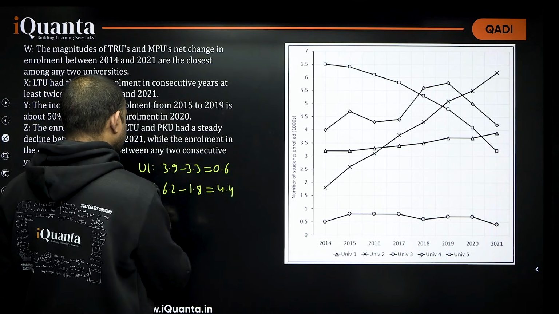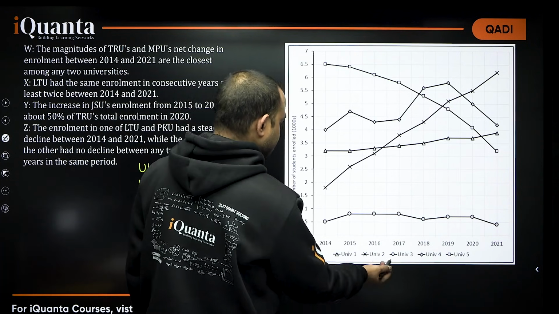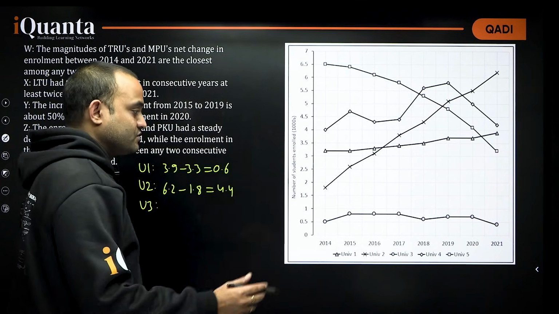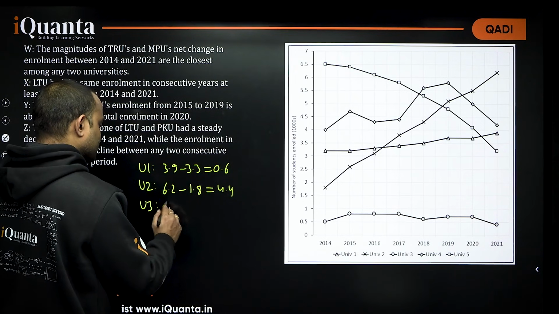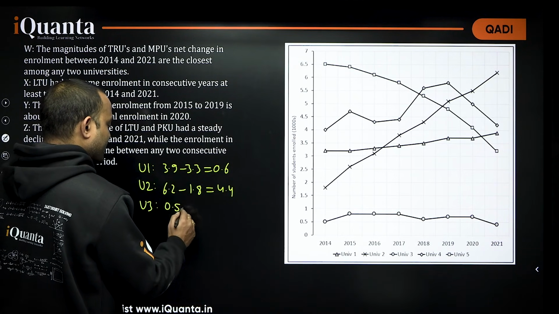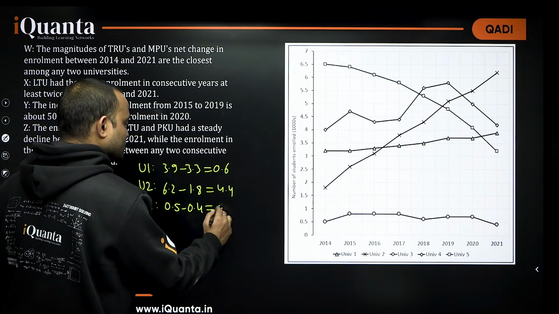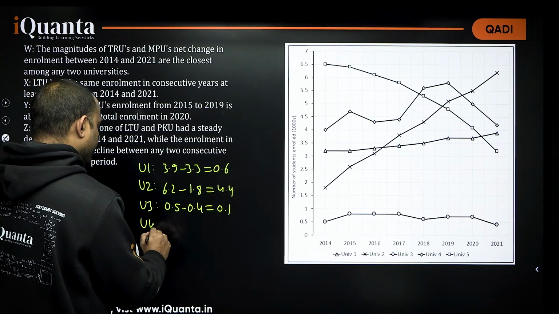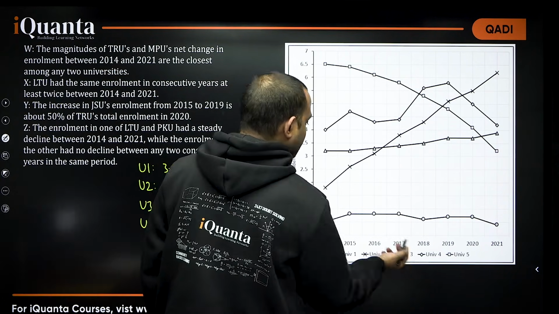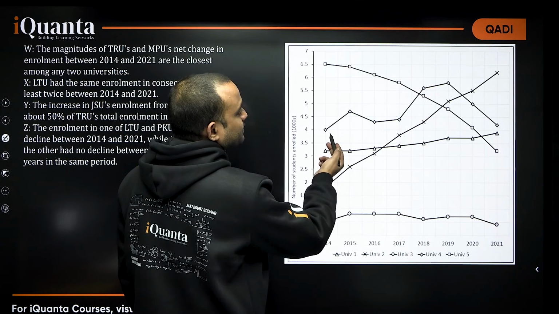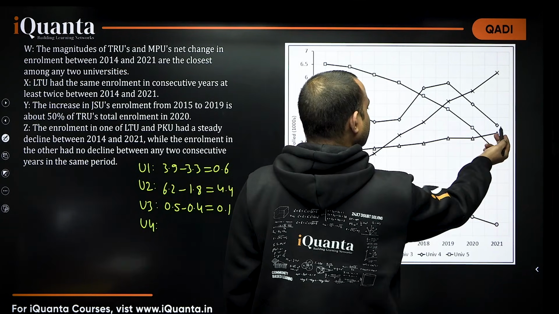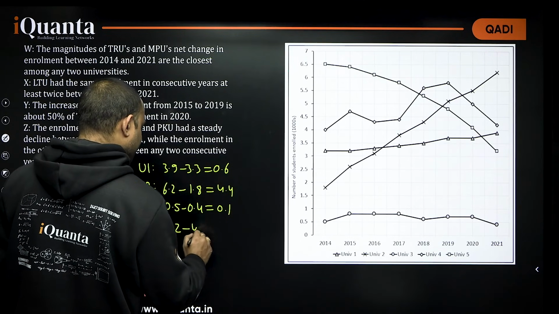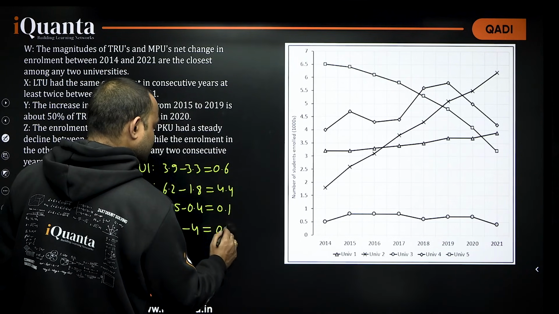Then for University 3, the circle, the change is 0.5 to less than 0.5, 0.4 we can take. So, 0.5 minus 0.4, which is 0.1. Net change means positive change. Then University 4, the diamond, 4 here and 4.2 here. So, 4.2 minus 4 is equal to 0.2.